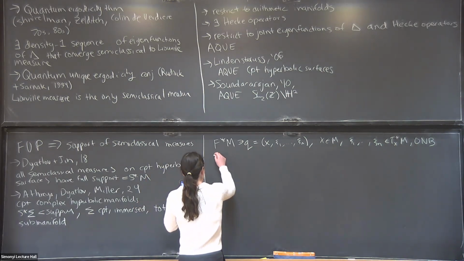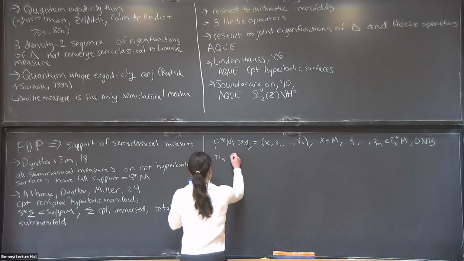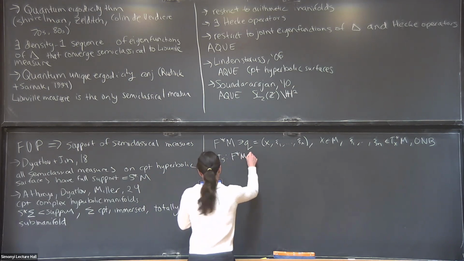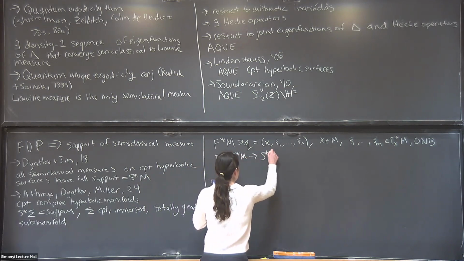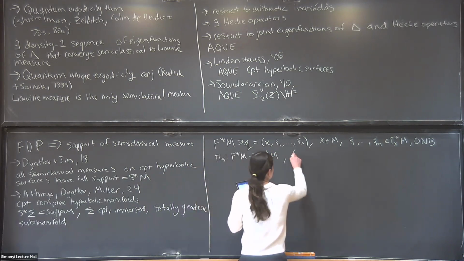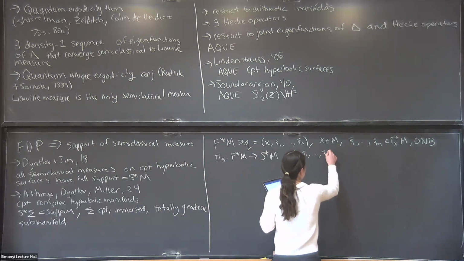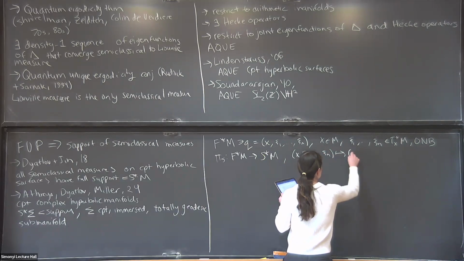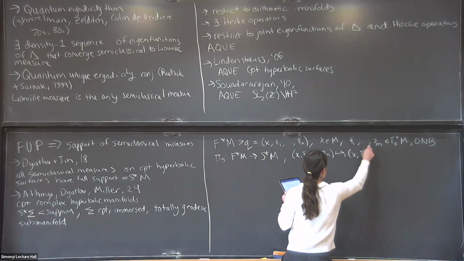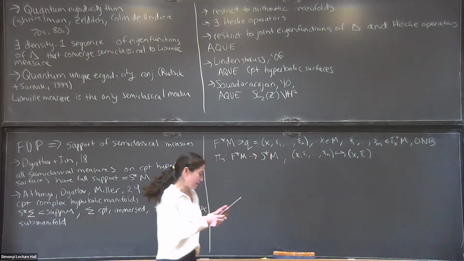Then I need to fix the following immersion, pi s, which sends points from the coframe bundle to the cosphere bundle, and it's given by the following explicit formula.